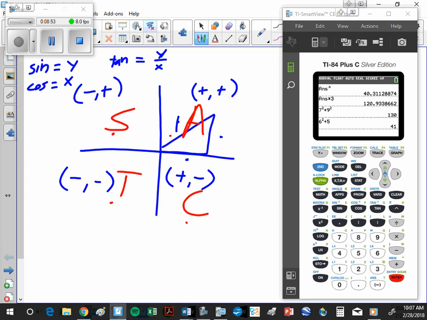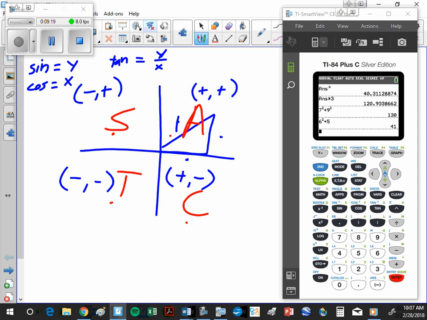3. 20, secant and cosecant are both negative. Well, the secant matches up with the cosine. Are the signs any different? No, they're just reciprocals. So if cosine is negative, secant is negative. So we need to know where the sine and the cosine are both negative. That would be 3.